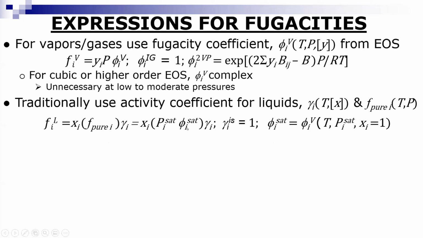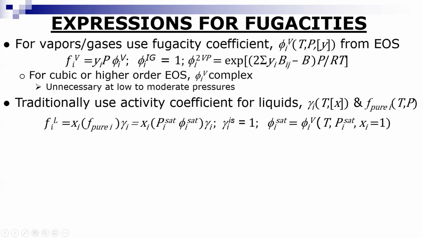Now, fugacity normally would be calculated as the vapor pressure times the fugacity coefficient in the vapor of the saturated vapor. And for an ideal solution, gamma is 1. And also the fugacity coefficient of the saturated vapor is the same equation that you evaluate the fugacity coefficient in the vapor phase, but you evaluate it at the state of the vapor pressure and pure component.